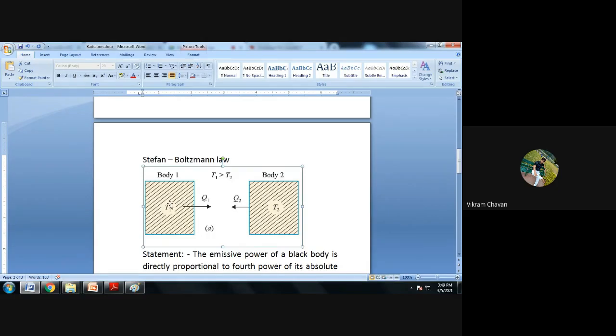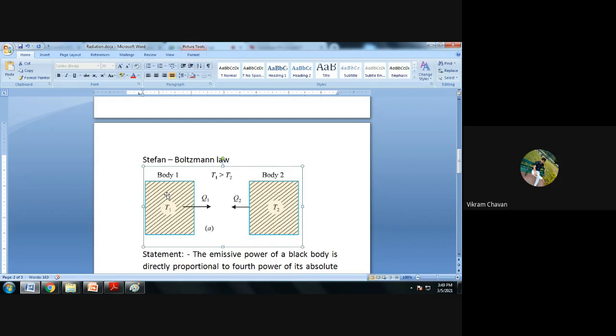In another format, we can say that body 1 receives less heat by radiation, whereas body 2 receives more heat by radiation. So this is one sentence we can interpret in two formats.